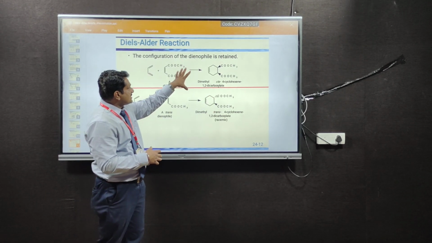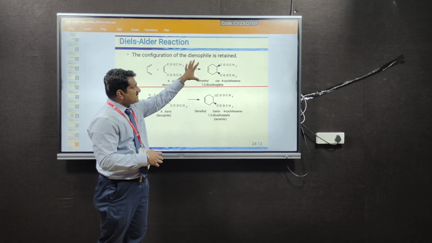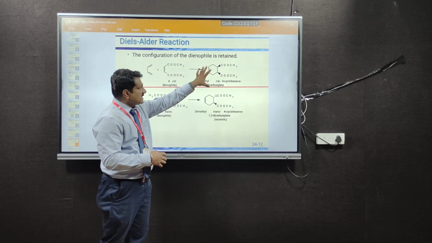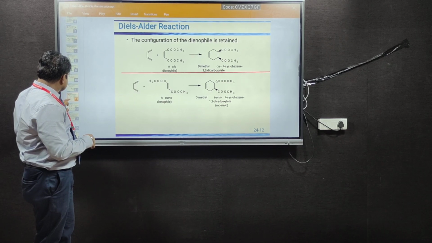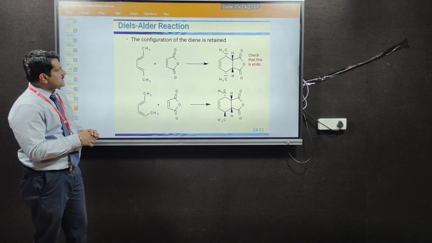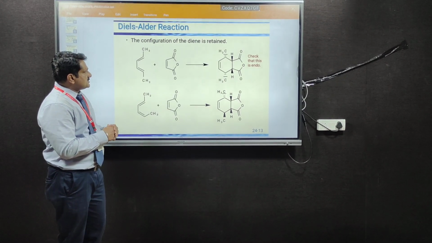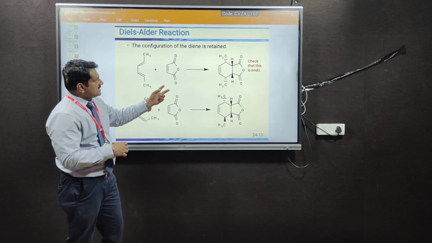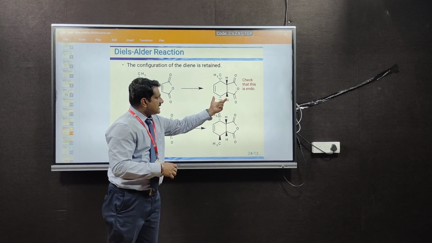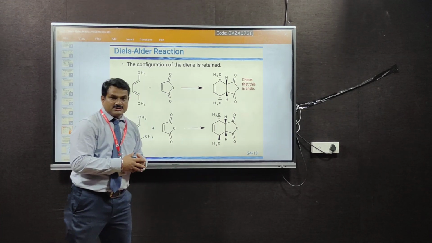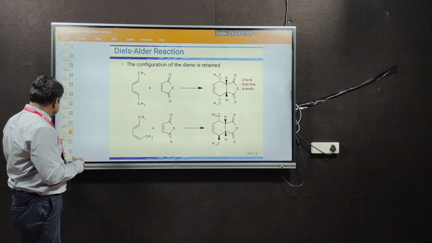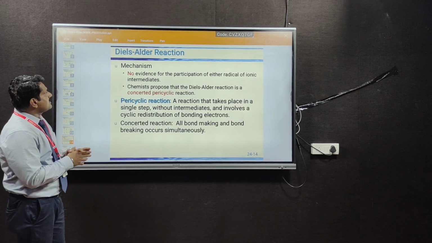Compared to this one, we can generate cis as well as trans product. Again, these are different examples where we have the endo product as well as the exo product out of the two reactions.